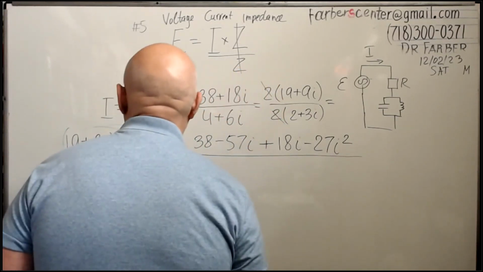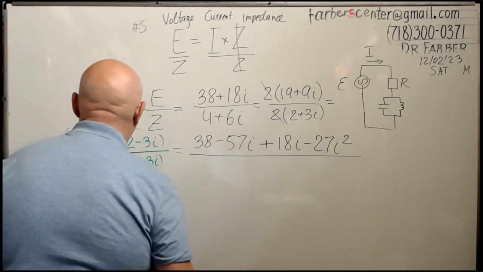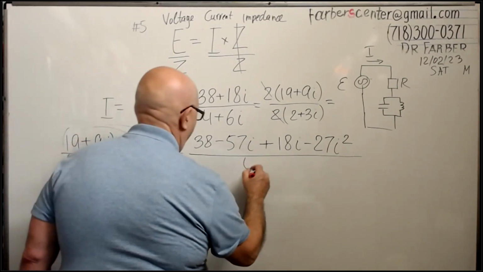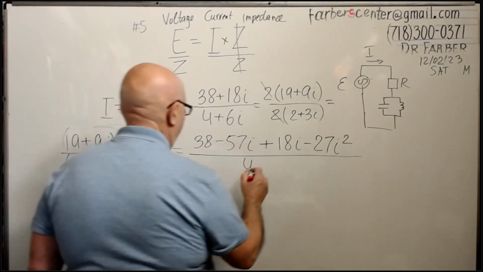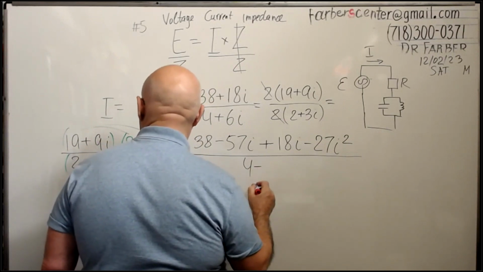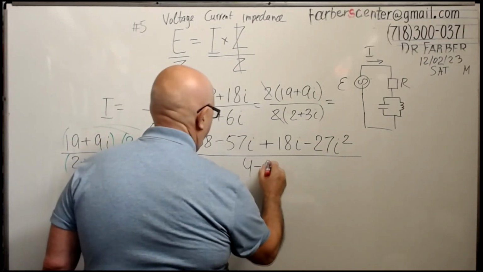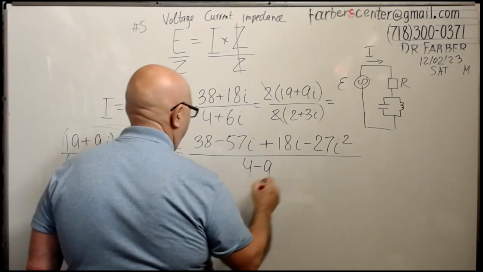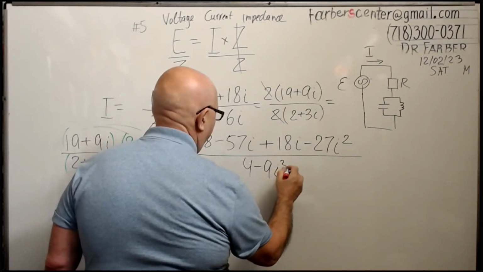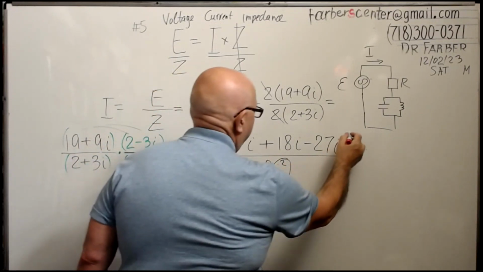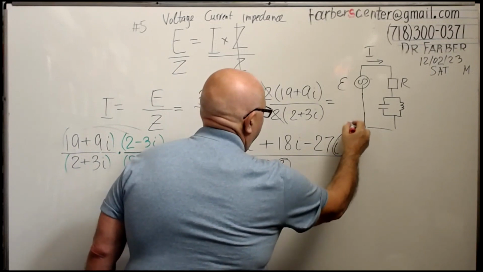So far so good. Denominator: 4 minus 9i squared. Keep in mind this, guys, i squared equals -1.